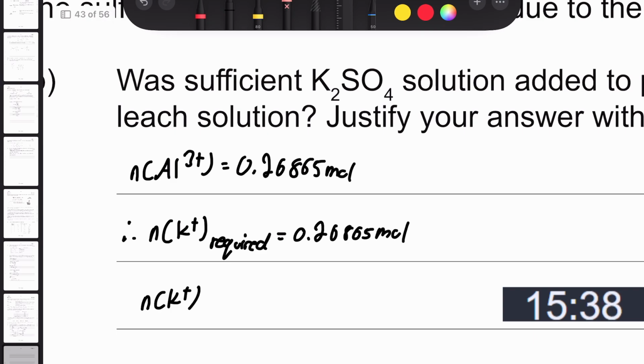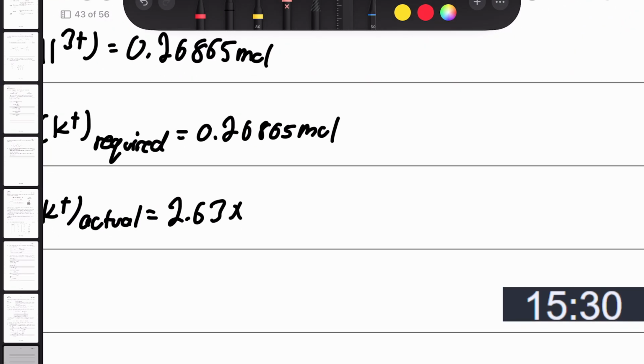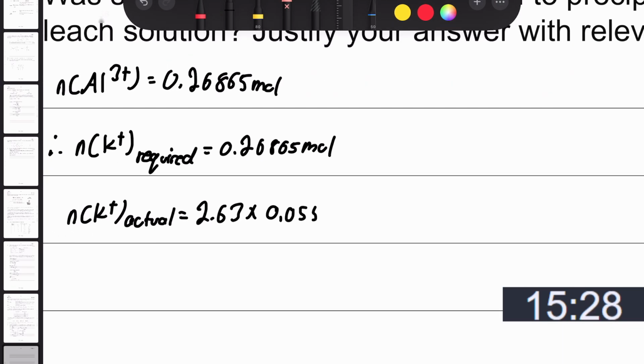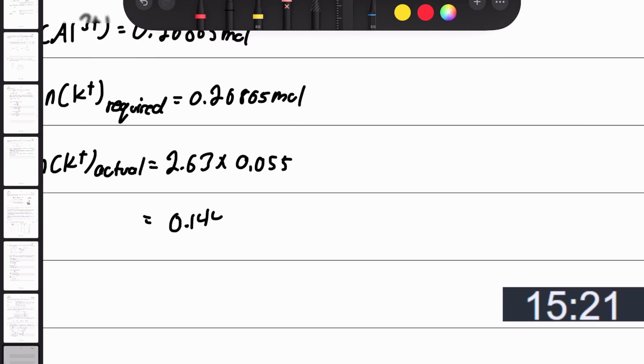Number of K plus actual is 2.63 times 0.055, which is 0.14465 moles.